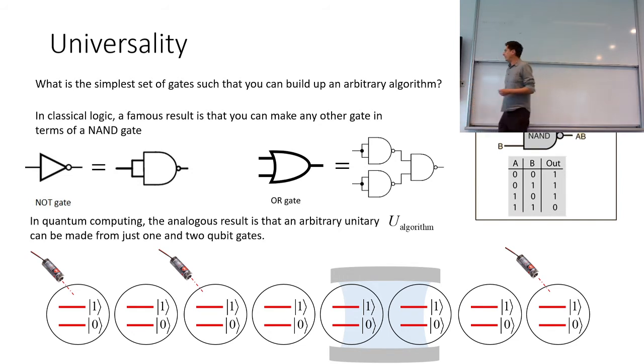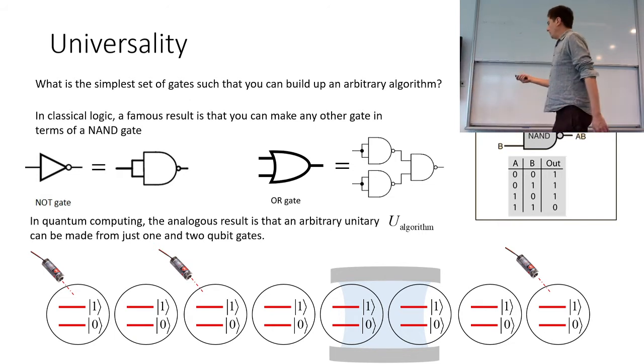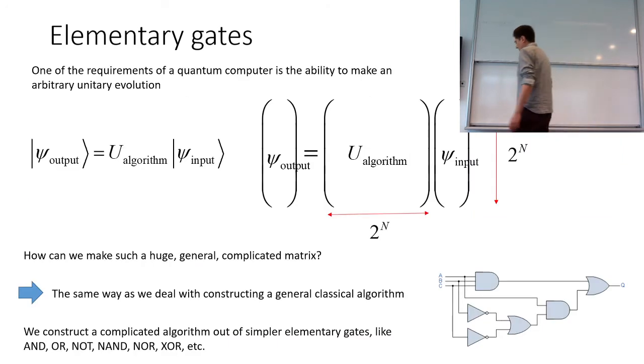So as long as you have a 2 qubit gate, and this is supposed to be some 2 qubit gate here, and you combine that with 1 qubit gates, this combination, you can actually make any algorithm, as in you can make any unitary matrix that you like just by combining those 2.